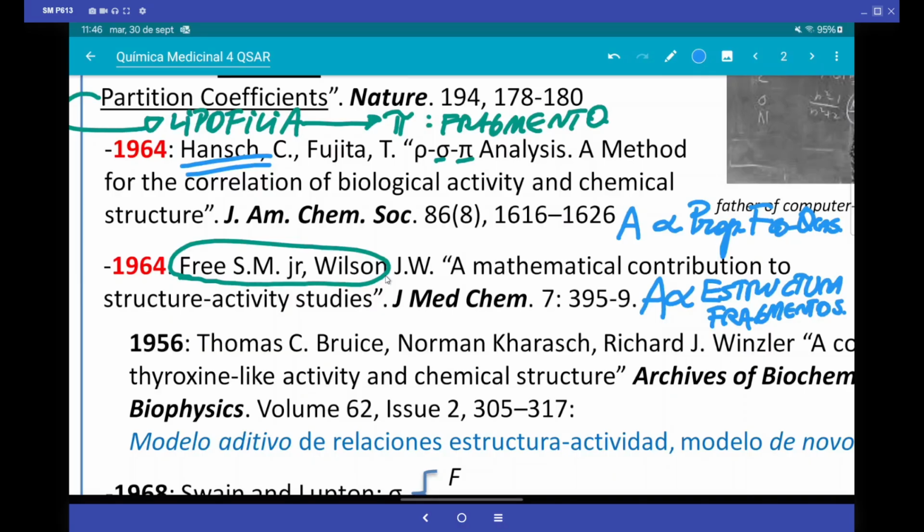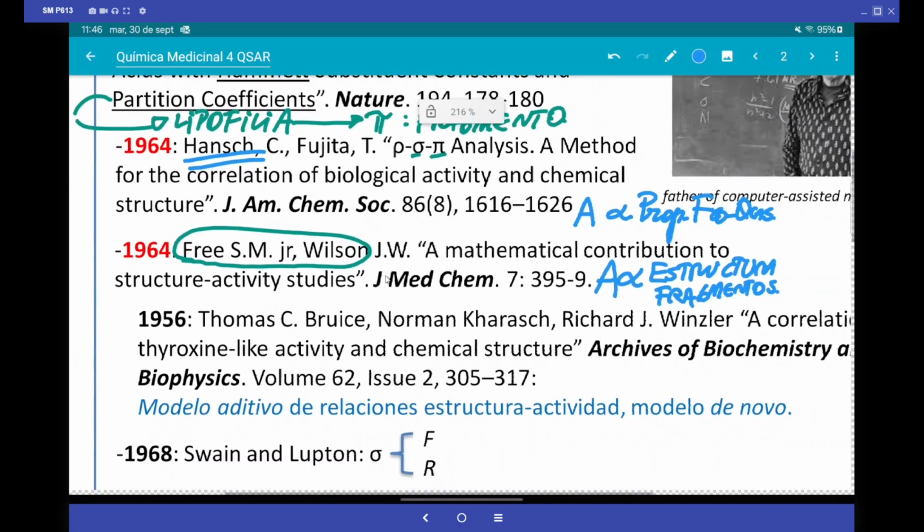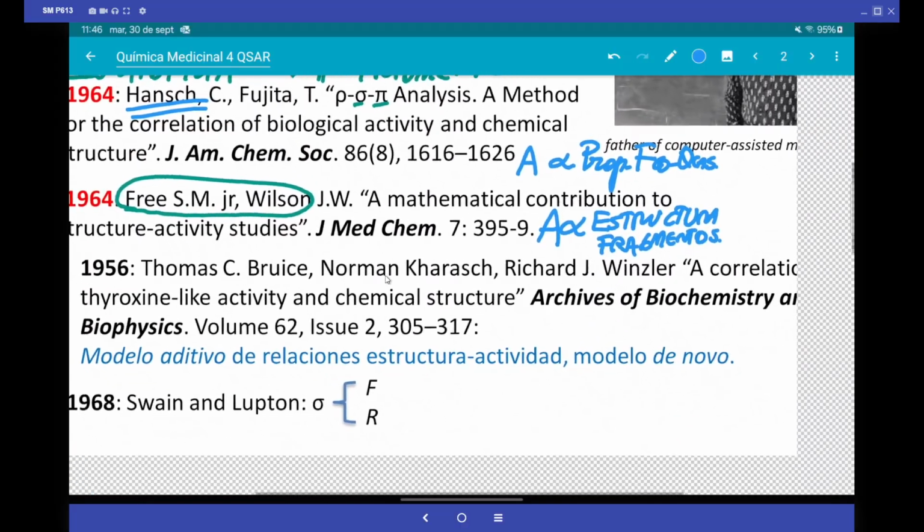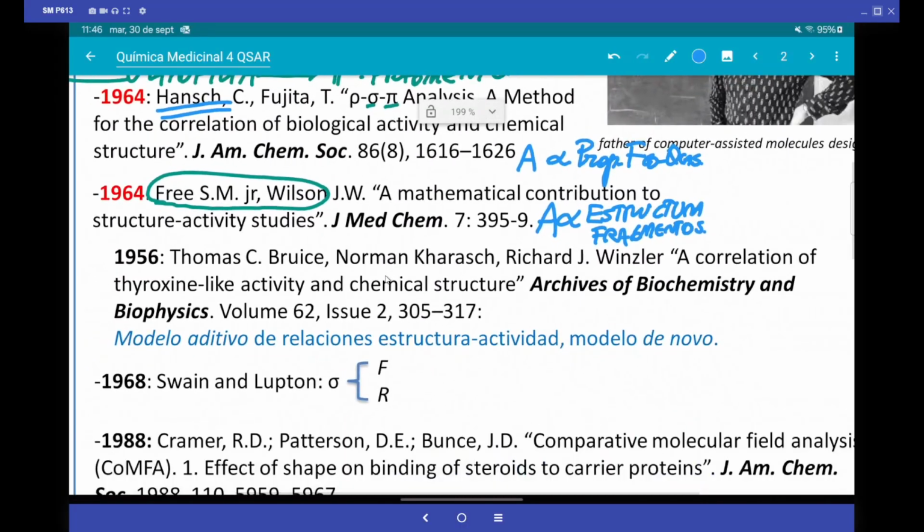as you see. Now, these two gentlemen, Free and Wilson, became famous because they went unnoticed by the work of Bruice and collaborators that had been published 8 years before, but that no one had read, and where they were practically publishing the same thing. Now the question arises whether Free and Wilson perhaps read that work and made a reformulation in their proposal, which was published in a journal of better impact.